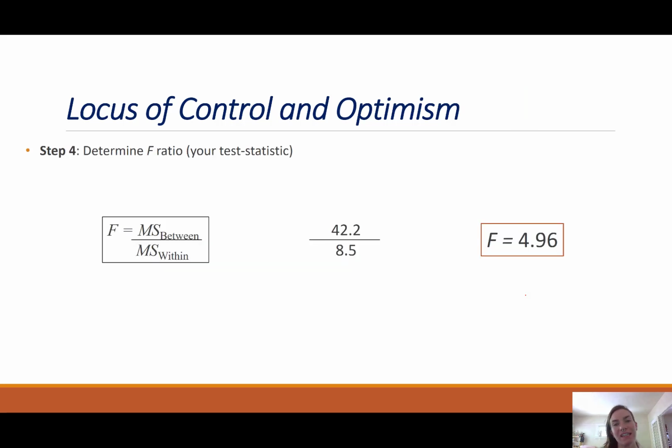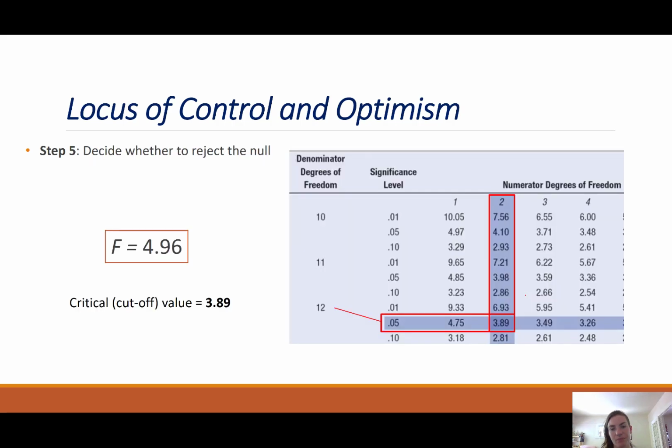Now we can finally calculate our test statistic. And we have calculated both the numerator and denominator on previous slides. So we can do that math to get an F statistic of 4.96. Remember, my critical cutoff value was 3.89. The F distribution is positively skewed.